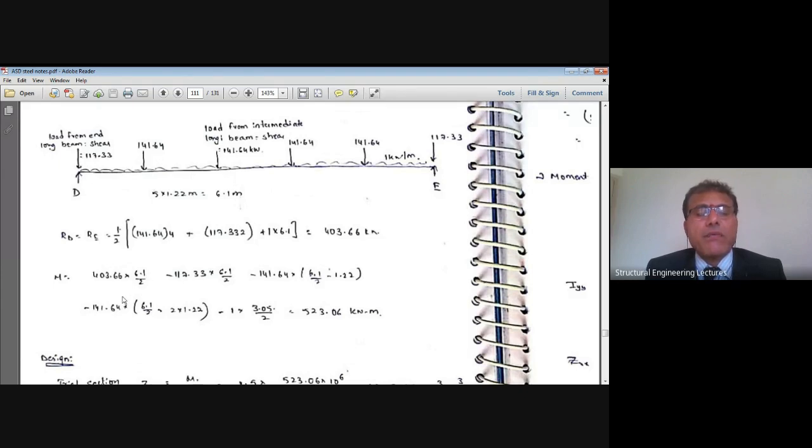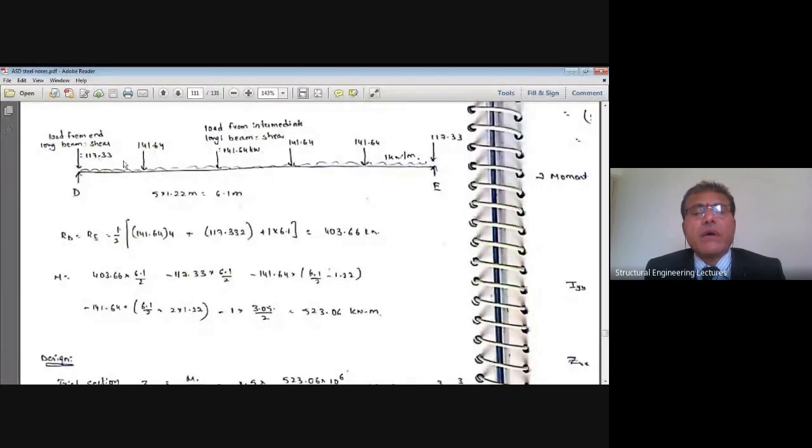Clockwise couple is positive. Then the rest are anti-clockwise couples. Minus 117.33 multiplied by 3.05. Then next couple, 141.64 multiplied by 3.05 minus 1.22.